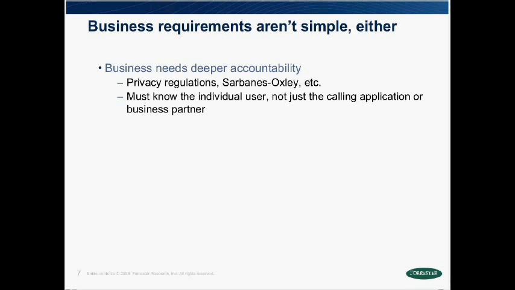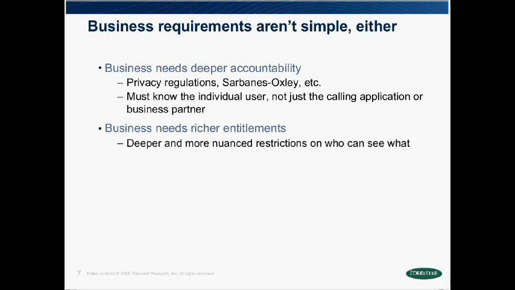This drives a deeper need for accountability in our solutions, and those regulations don't care if your application is SaaS or on-premise or anything else. You still have to meet privacy regulations that drive needs for deeper accountability, that drive us to want to often know the individual user, not just the calling application or the name of the business partner. Or we have need for richer entitlements, deeper and more nuanced restrictions on who can see what.